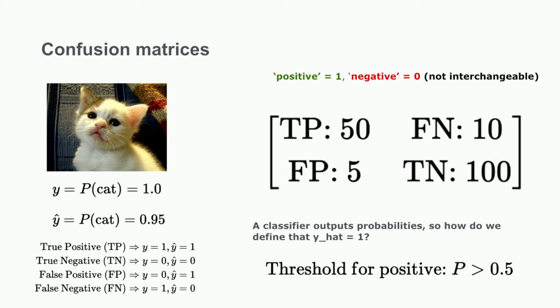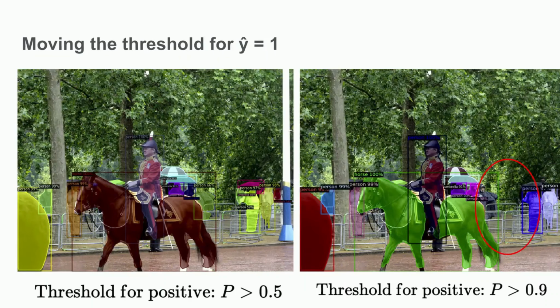And if we were to move this threshold, if we were to actually change the value so that it's not 0.5 but it's 0.1 or 0.99, all these counts would be different. This is very important for us to internalize. So let's take a look at what is the effect of moving the threshold in a real practical example of object detection. This slide shows how the threshold choice impacts what we are detecting in the image.